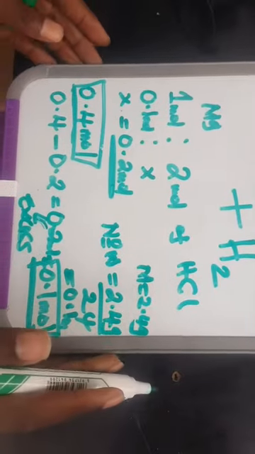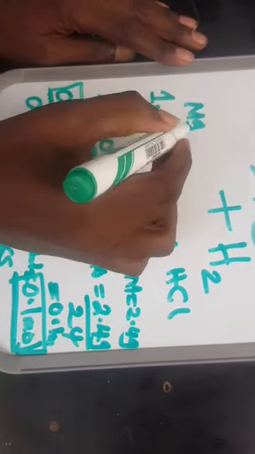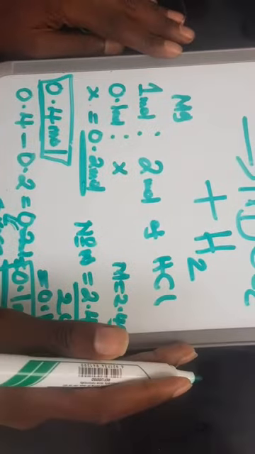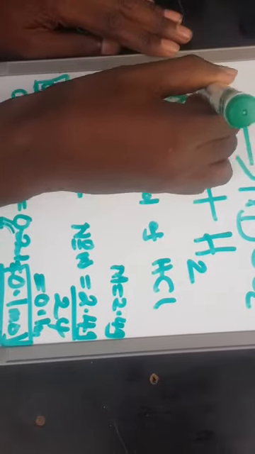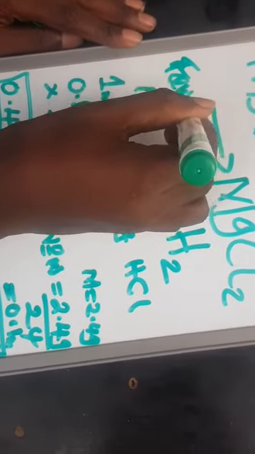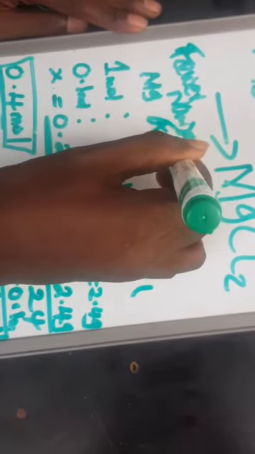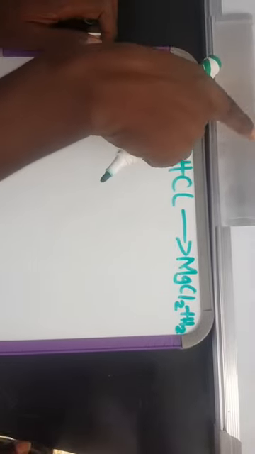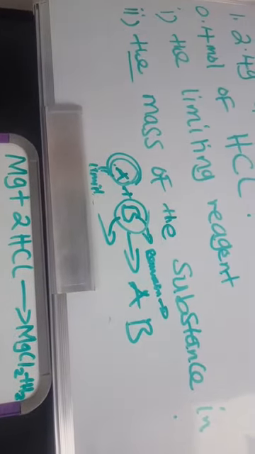So we can conclude again and say magnesium is a limiting reagent here because it has fewer number of moles. The next thing we need to do is to find the mass of the substance in excess.